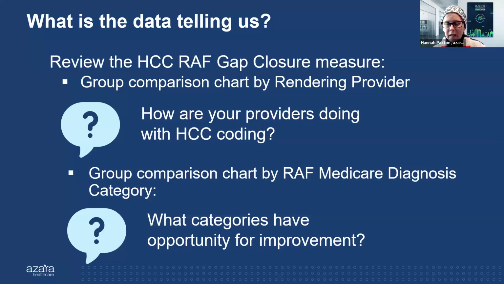And what is this data telling us? Again, some things that we have already talked about today. You can use this to specifically work with your providers on good coding practices. And again, you can look at this by the diagnosis categories and see, are there any categories where there's an opportunity for improvement?